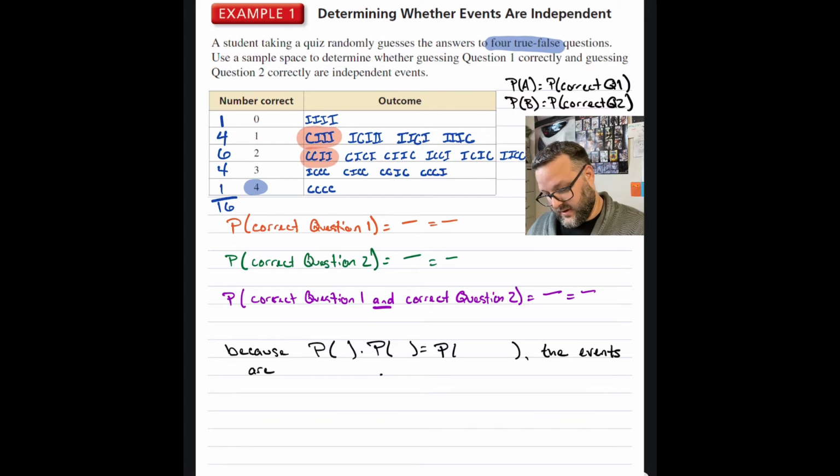I see that happened here and here and here. I see it happened here, here, and here. And I see that happened here. So I have a total of 1, 2, 3, 4, 5, 6, 7, 8 times that I got the first one correct. And I had a total of 16 times possible.